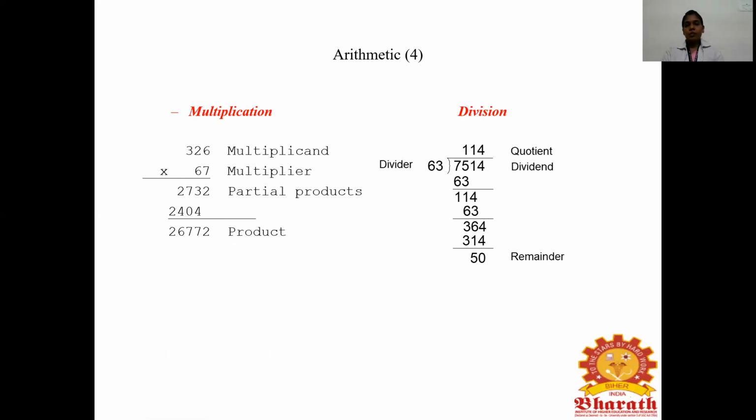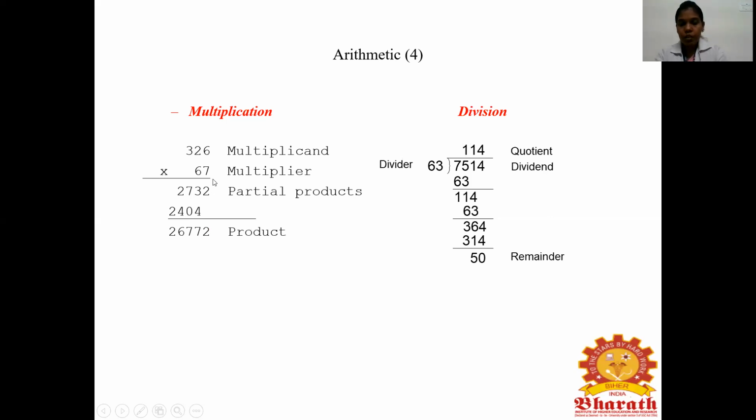Next is the multiplication. For the multiplication, the multiplicand we have is 326 and the multiplier we have is 67. So here we are going to see the multiplication. 6 into 7, 6 sevens are 42. This is octal multiplication, so what do we do here?